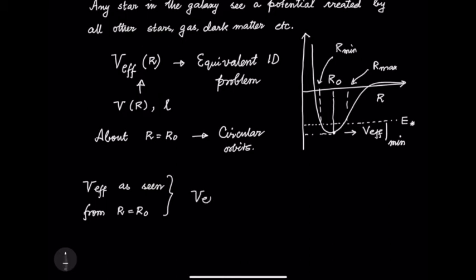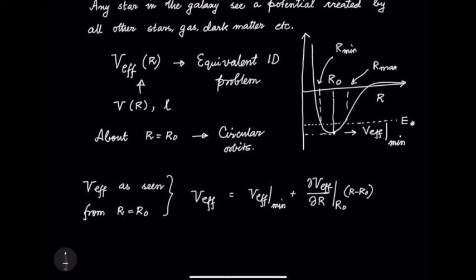V effective will be V effective minimum, the value at R equals R naught, then del V effective del R at R naught times R minus R naught.